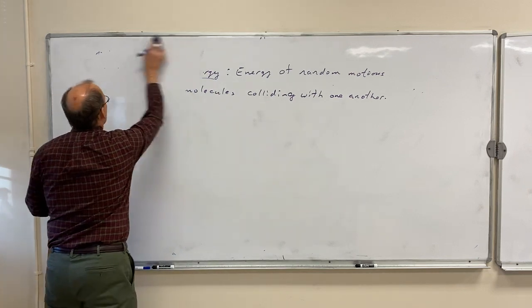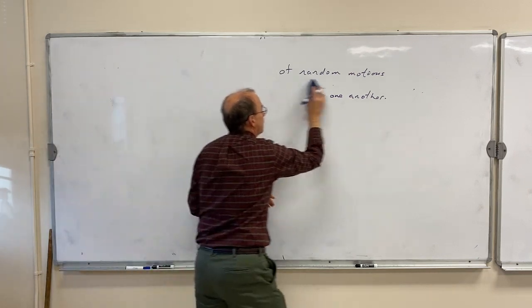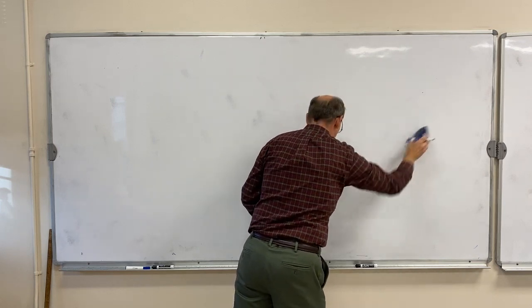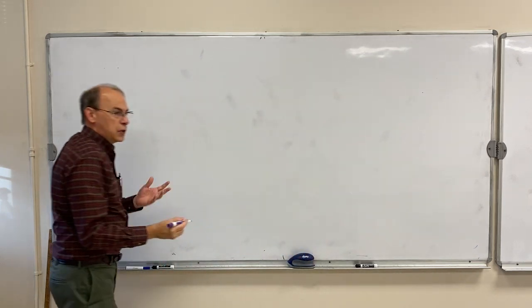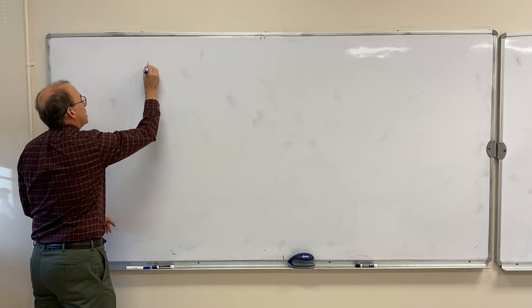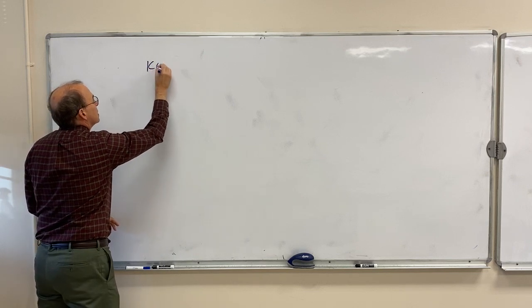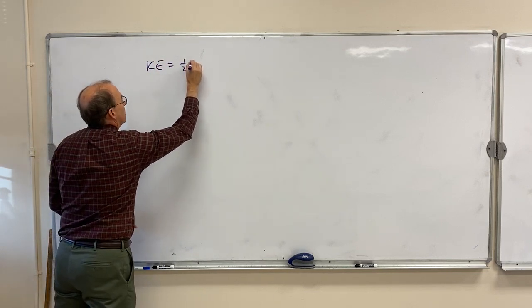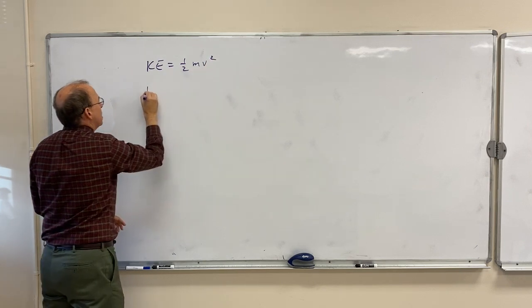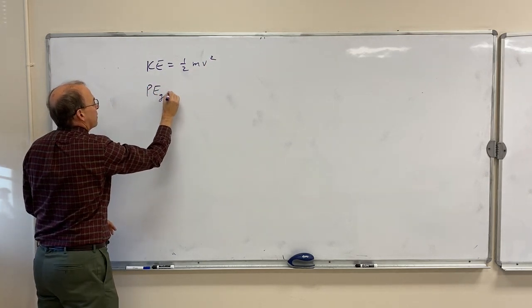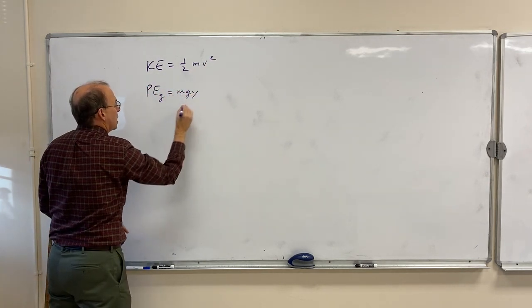Now, just as a review, our kinetic energy was given by 1/2 mv squared. Our potential energy of gravity was given by mgy.